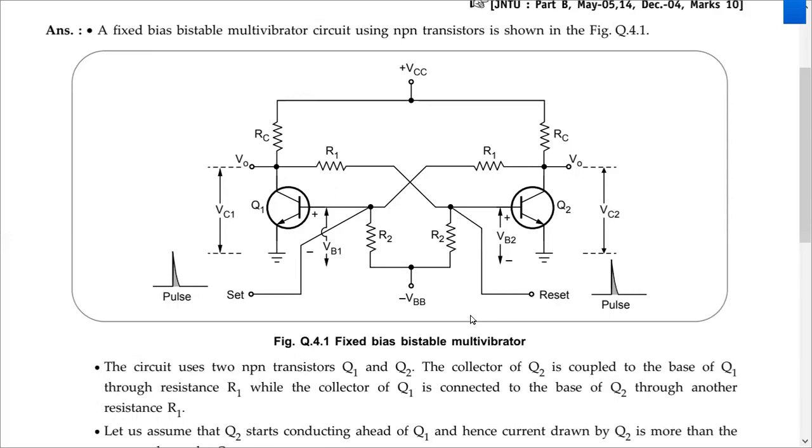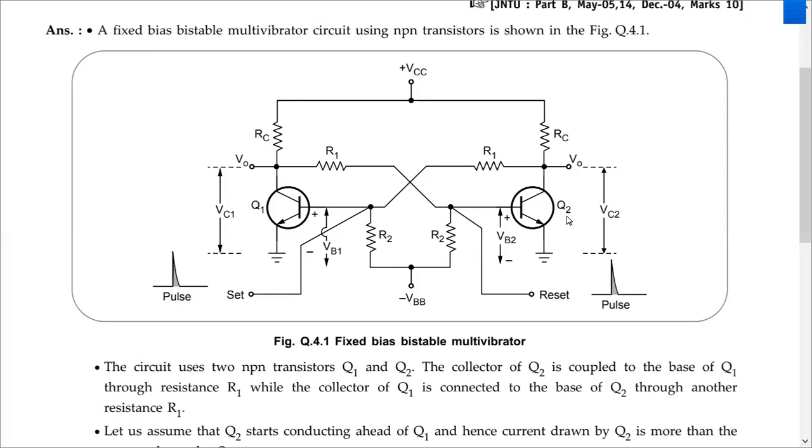But why is it necessary that we connect to the base? This is the NPN transistor, right? To turn it off, we can connect a negative voltage to the base, or to the emitter we can connect what? Think and answer. Now let us say Q1 is on and we want to turn it off.